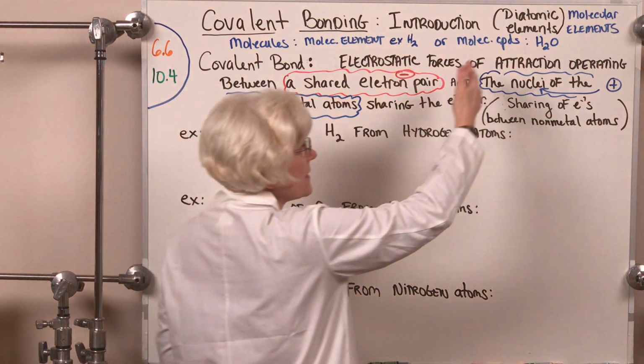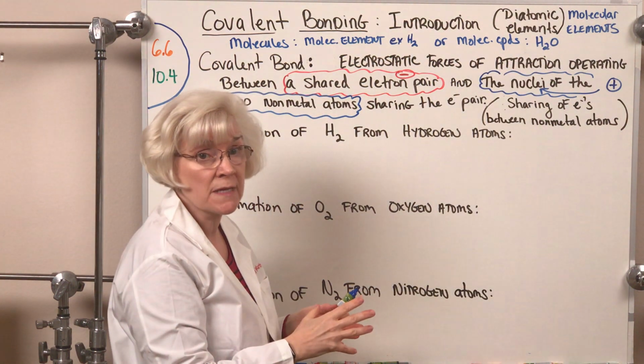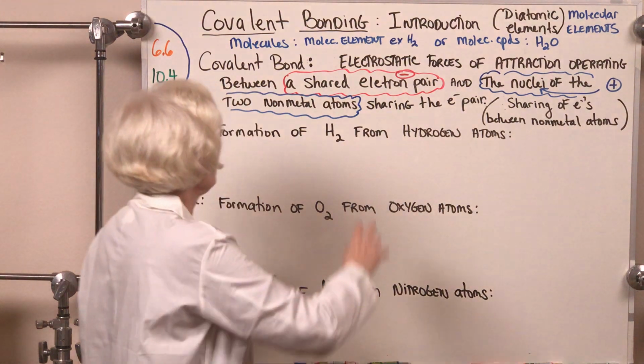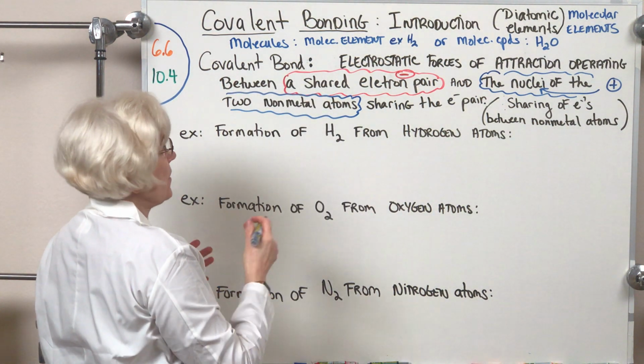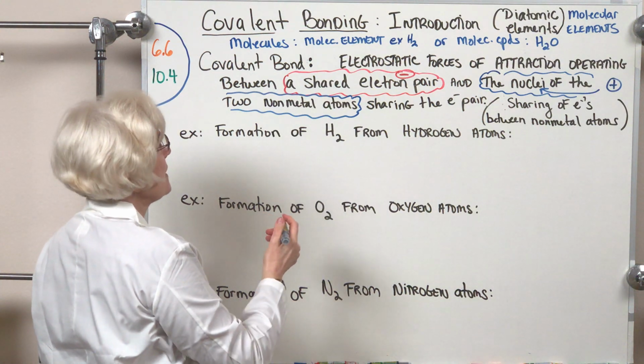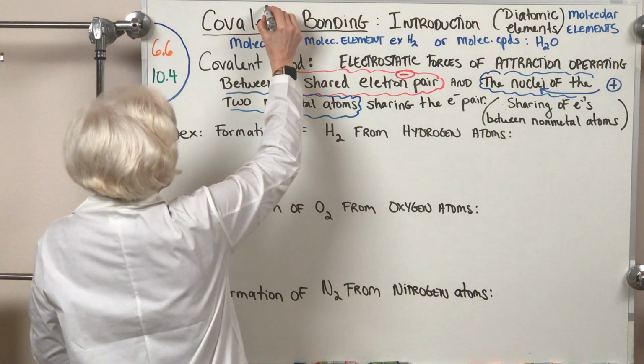And if it is a molecular compound, the atoms would be nonmetal atoms only, and they would be held together by covalent bonding. So looking at covalent bonding, we are finding nonmetal atoms only.